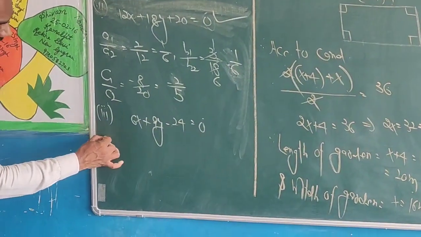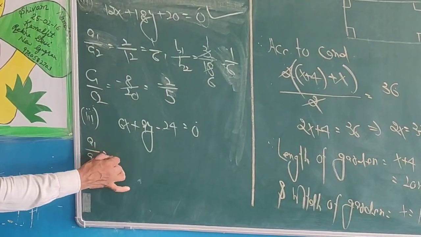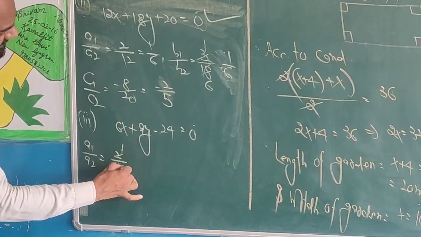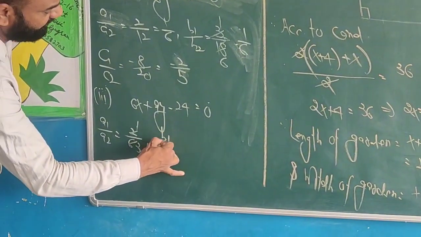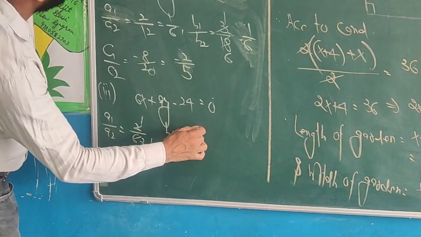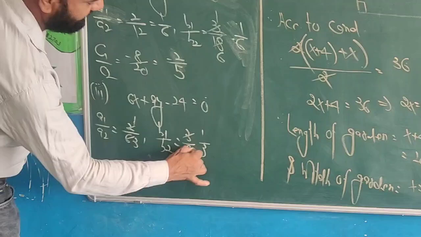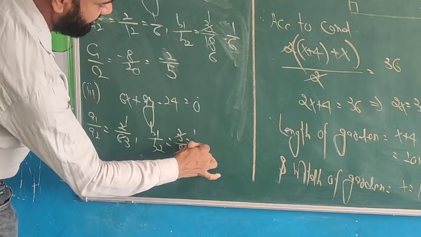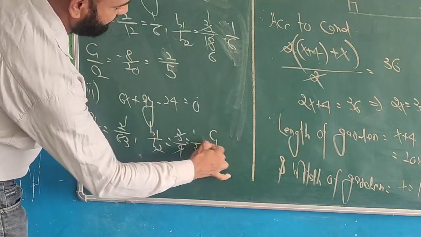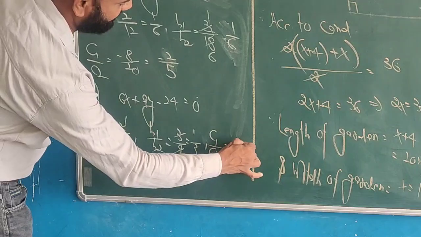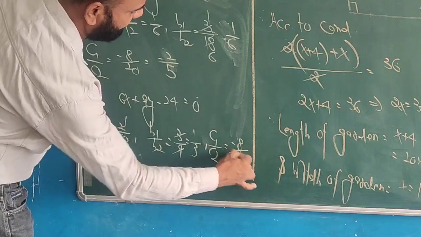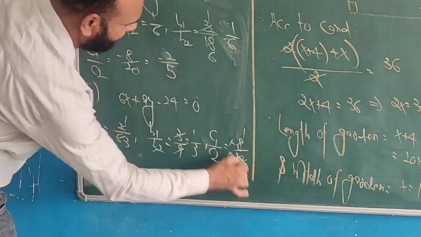Now we check all the ratios. A1 upon A2, this is 2 by 6, that is 1 by 3. B1 upon B2, this is 3 upon 9, also 1 by 3. And third is C1 upon C2, minus 8 upon minus 24, and this will be also 1 by 3.